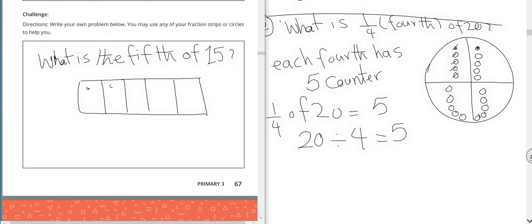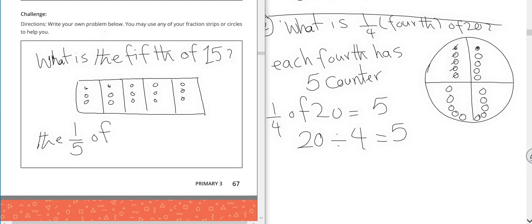Then distribute 1, 2, 3, up to 15. Each fifth has 3. We can write 15 divided by 5 equals 3.